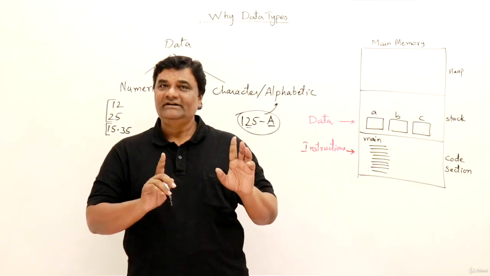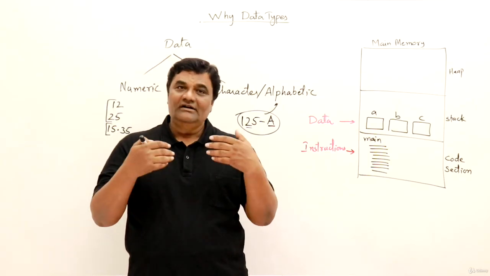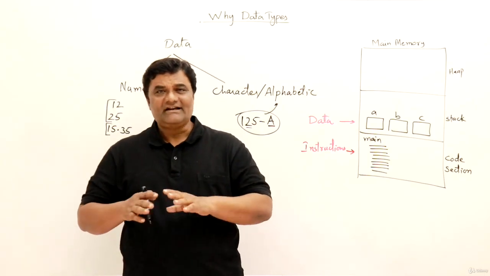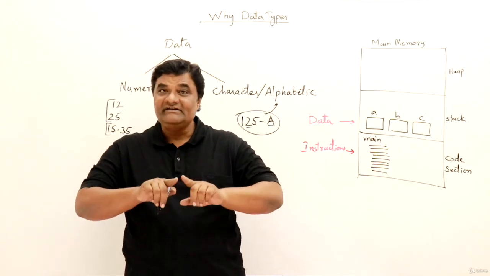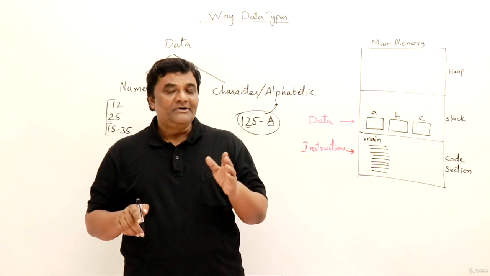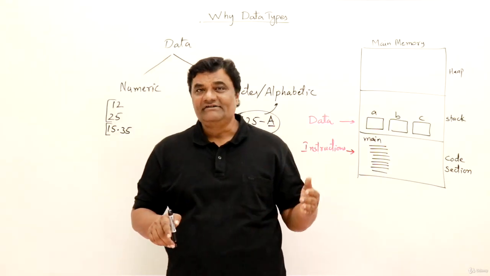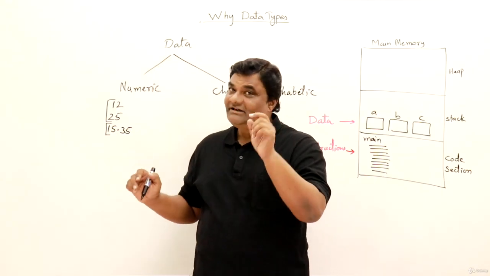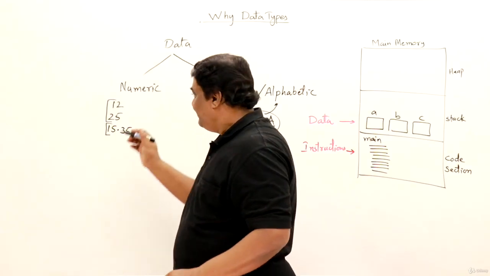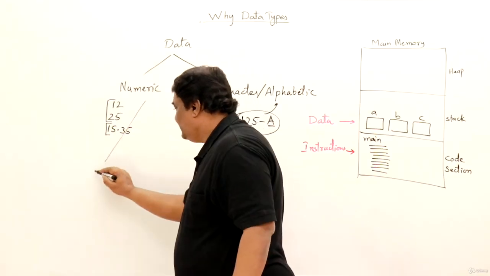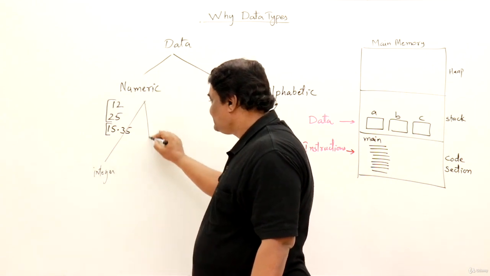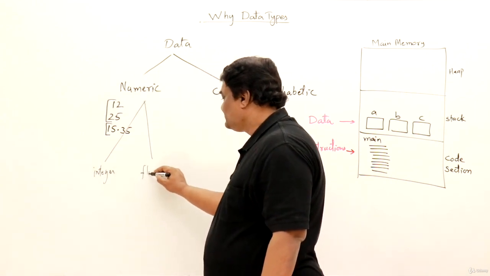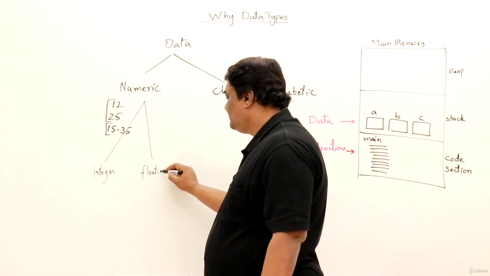All electronic devices like computer, mobile phone, or calculator, all electronic devices where numbers are used, treat these two numbers differently because extra effort is required for representing a decimal point number. So I will categorize these numbers as integer, that is without a decimal, and next is floating point, which is with a decimal.